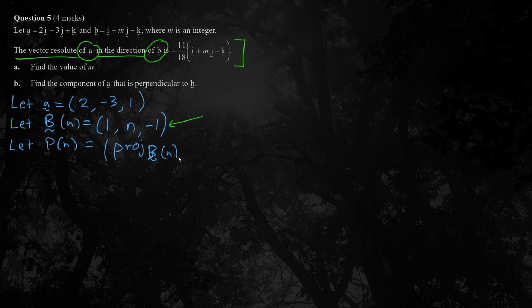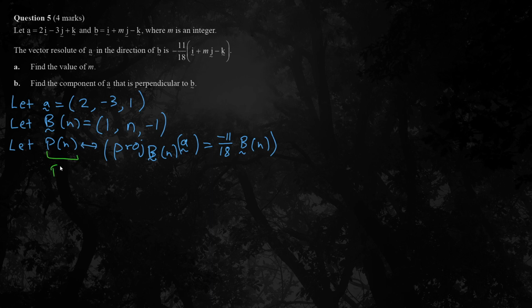The projection onto B tilde of A tilde equals negative 11 over 18 times B tilde. And arguably here, I should really be writing the if and only if symbol, because this is a boolean, and this is also a boolean, and by convention, equality of booleans is denoted like this.